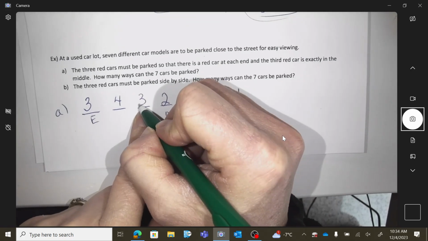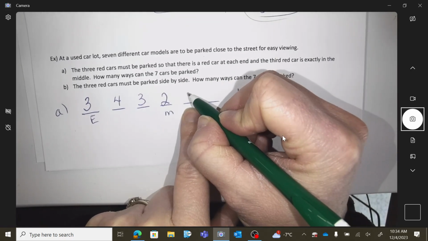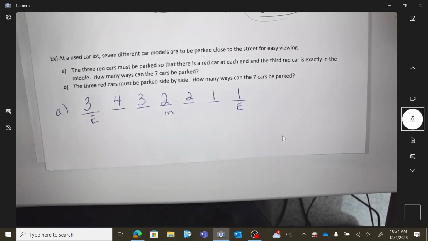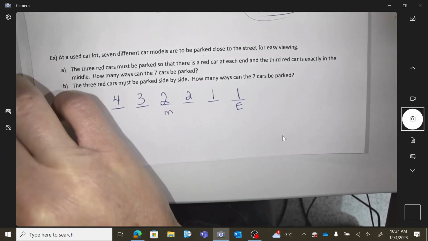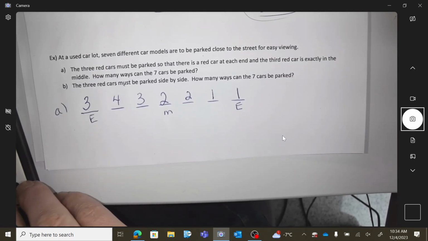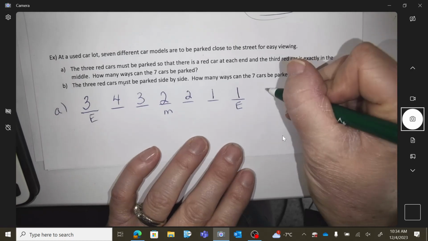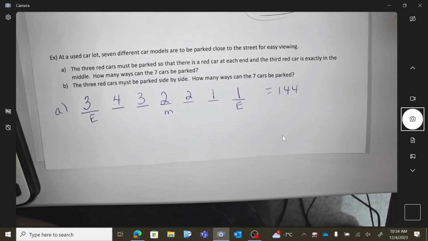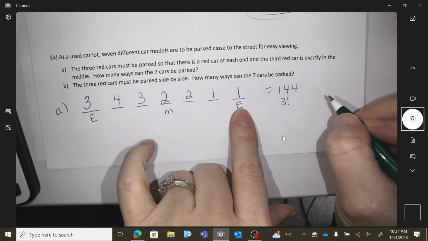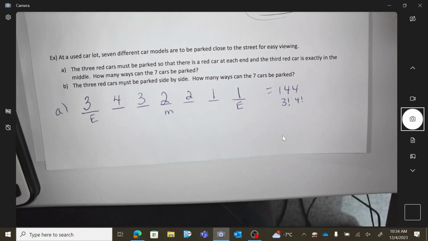Now I have 3 cars left, 2 cars, 1 car. Okay, this is not a formula one. You literally just have to go in and type 3 times, 4 times, as you see. I guess if you really wanted a formula, it would have been the 3 red cars, the 3, 2, 1 for the red cars, and the 4, 3, 2, 1.